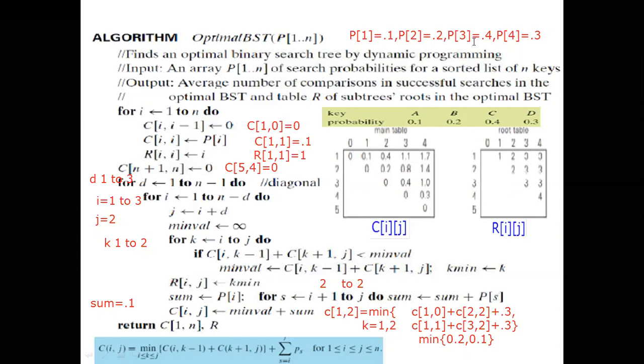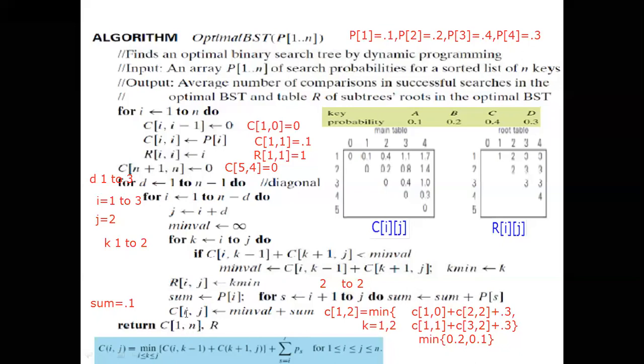It's nothing but we are adding 0.1 and 0.2 because the k values are 1 and 2. We will only consider 2 k values. Sum is 0.1 already. Now P of s. What is the s value? The s value will come as 2. Right? That means 0.1 plus 0.2 we will do. What is the sum value? It is 0.3. Right? Sum will be 0.3.